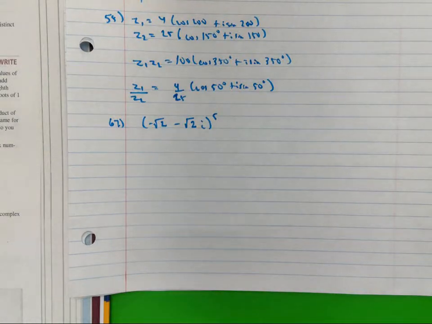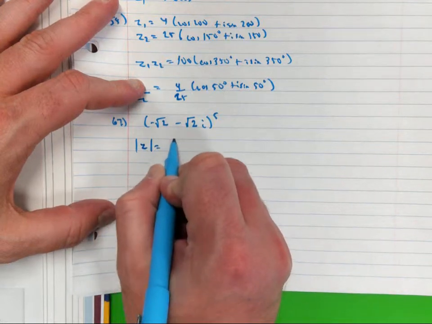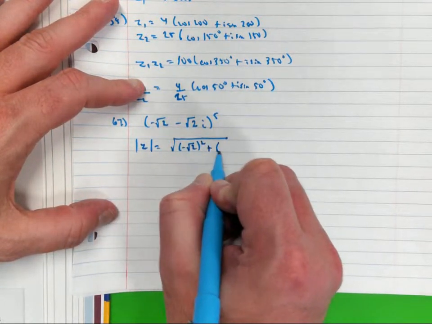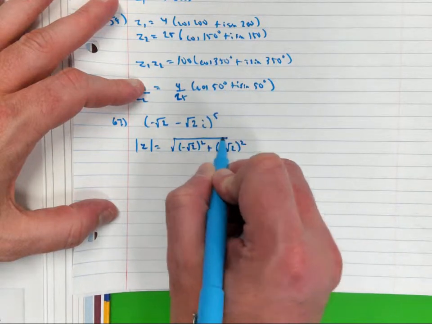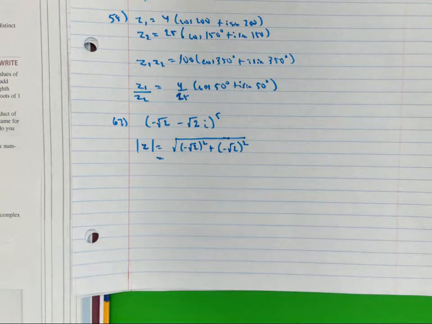Okay, so I'm going to find the modulus. And when I square that, what would that give me? 2 plus 2, which is 4.